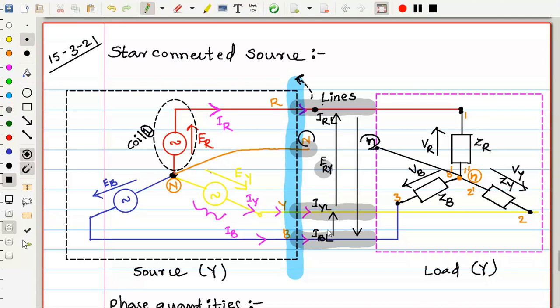Similarly, Y to B, so E Y B. Carefully observe these notations. These are very important to be followed throughout your career. One more is B to R, E B R.